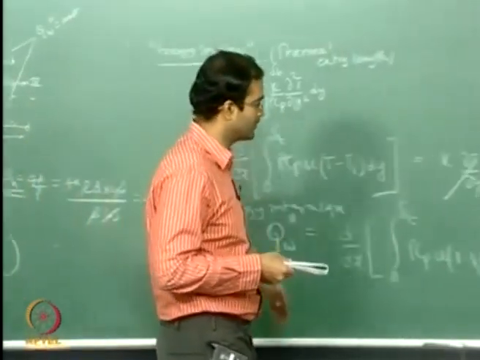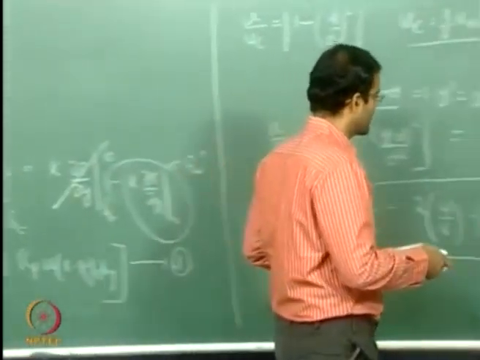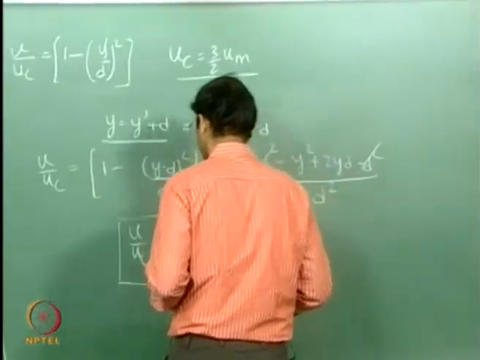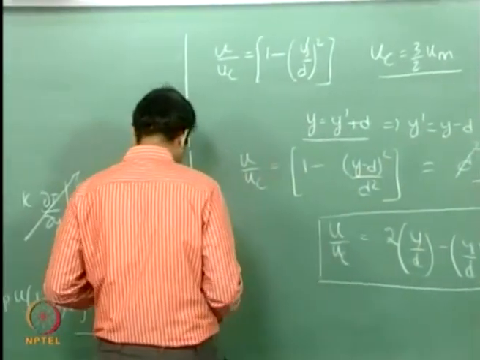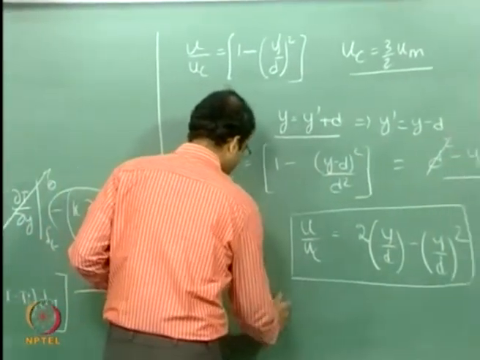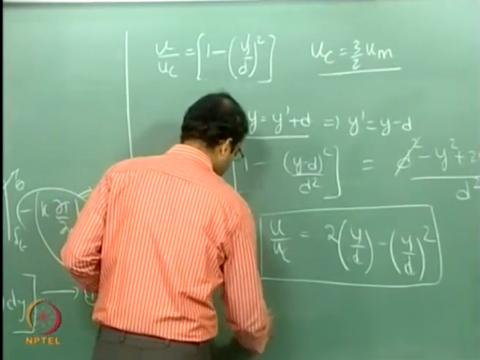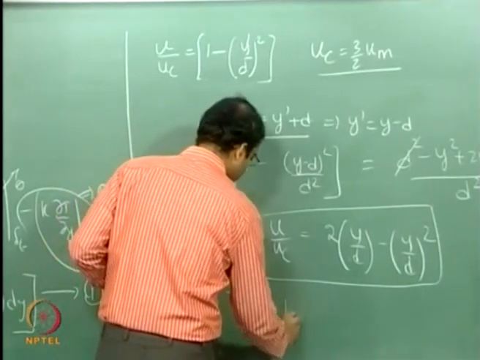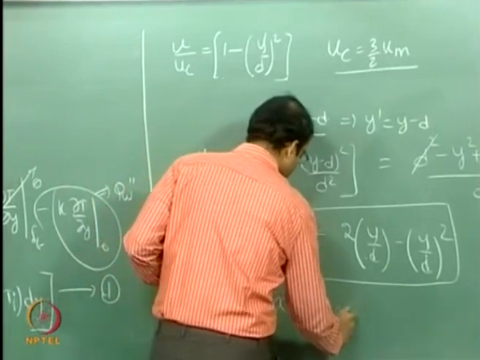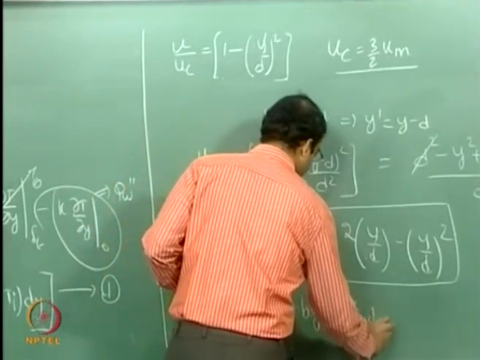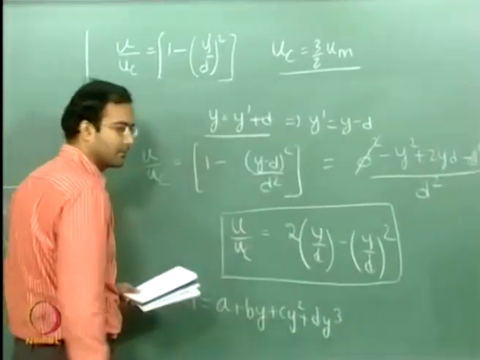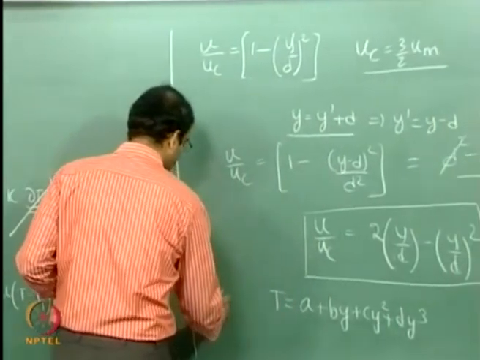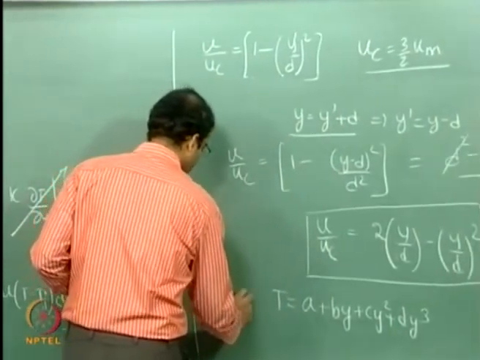So next we have to approximate the temperature. So here is where the approximation comes. So we can assume a cubic temperature profile, A plus by plus cy square plus dy cube. So this is where you approximate or assume.